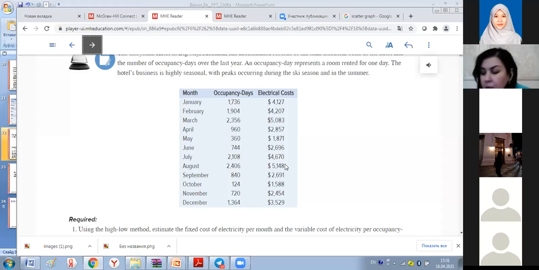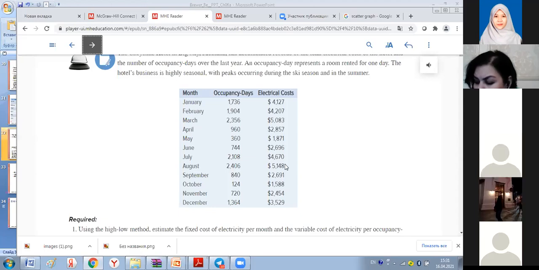And now let's calculate the change in activity level. What is the highest activity? In August, it is 2,406, minus the lowest, in October, 124.